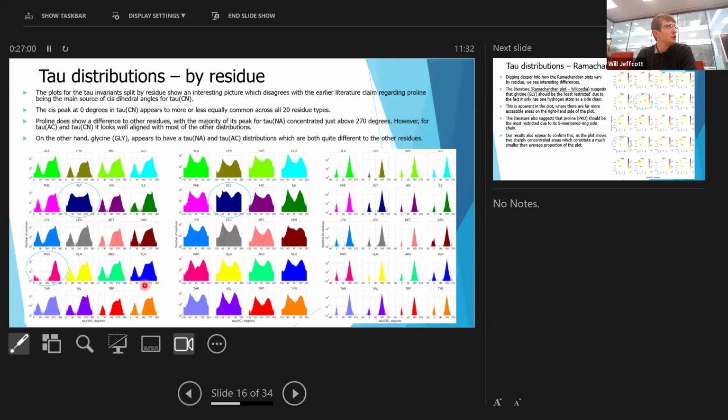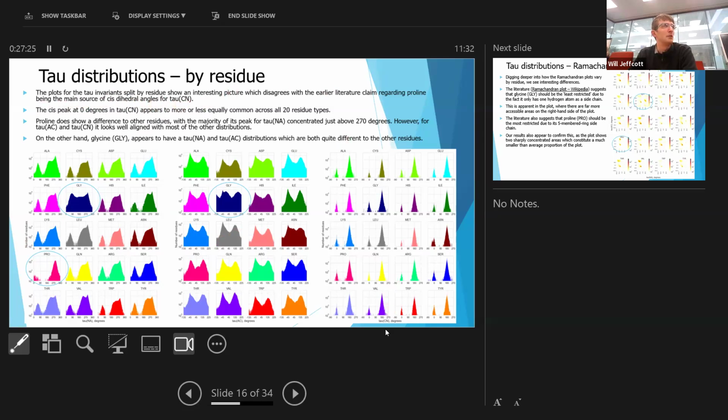If we split by residue, I mentioned earlier that apparently proline should be a bit different. But this disagrees with the earlier literature claim that proline is the main source of the cis dihedral angles for tau CN.